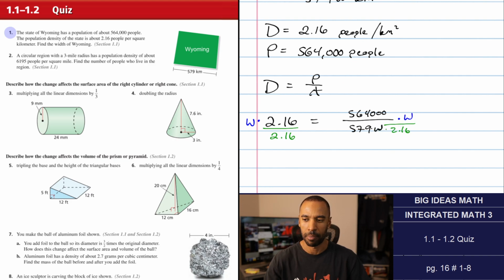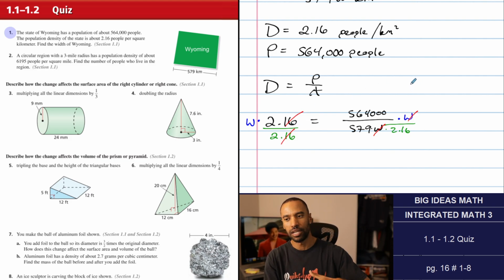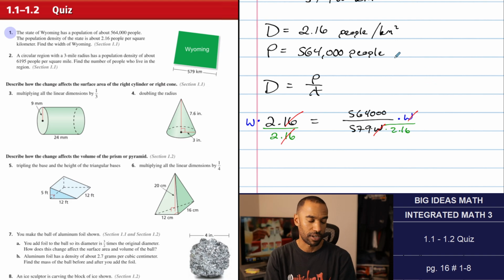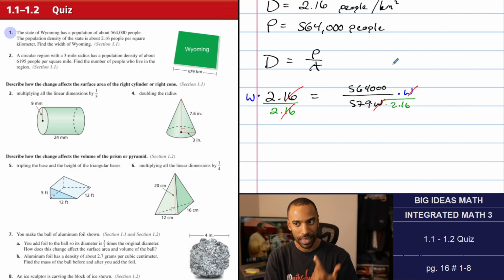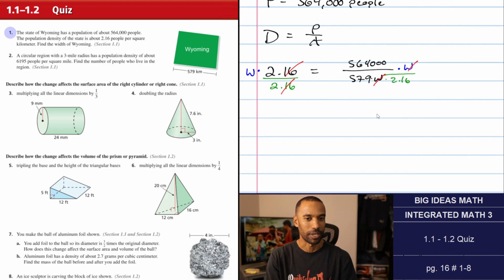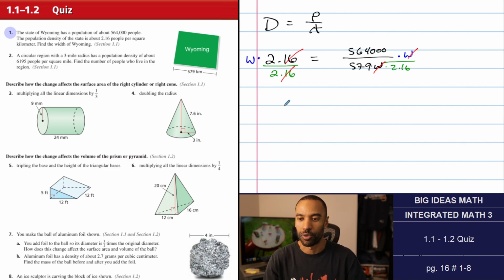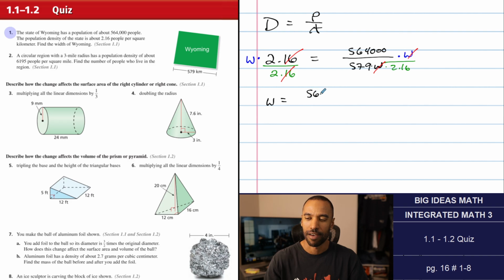2.16 will now multiply by 579, and W will be by itself. So W equals 564,000 divided by whatever 579 times 2.16 is. That'll be the width of Wyoming, or the height, whatever you want to call it, the other dimension. So width, again, 564,000 over this 579 times 2.16.